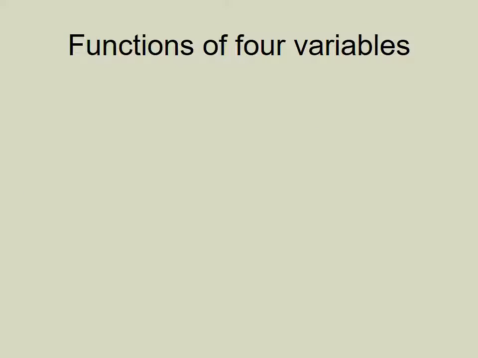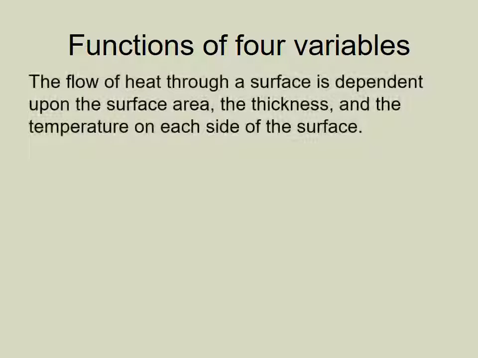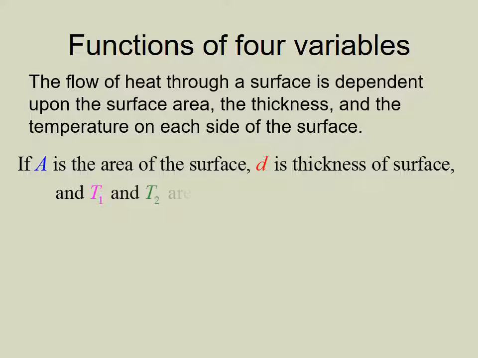How about something that's a function of four variables? For example, the heat flow through a surface is calculated by knowing the surface area, thickness, and the temperature on each side. So we might do something like this: area A, thickness D, T sub 1 and T sub 2, the temperatures on each side.